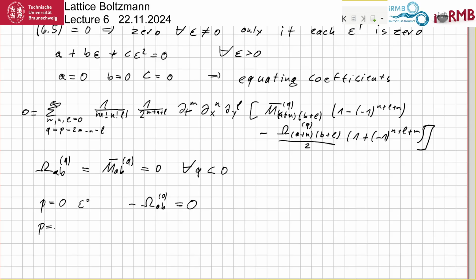p equal to 1, meaning we look for the terms in epsilon to the power of 1. What comes out of this equation is dx of a plus 1 plus b to the power of 0.